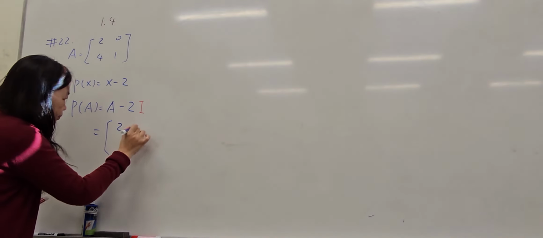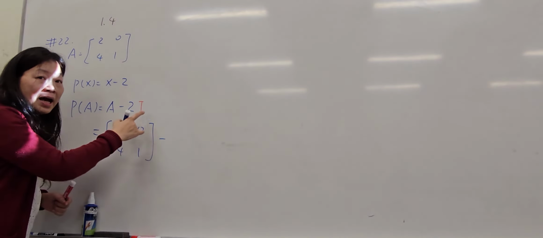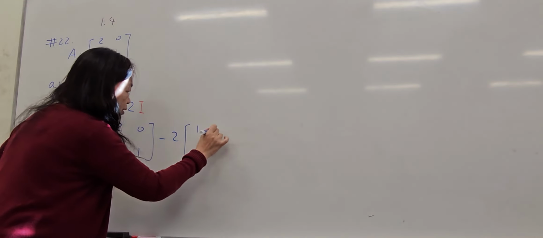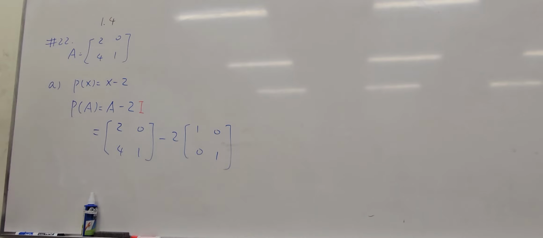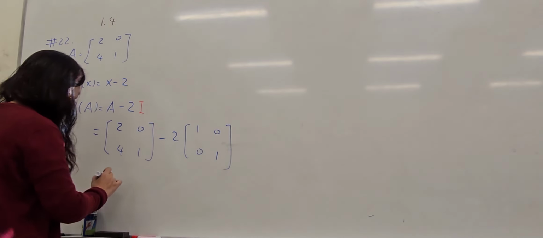[[2, 0], [4, 1]] minus 2 times the I, which will be what? 2 times what? [[1, 0], [0, 1]]. Is that right? Yes? You guys follow me here? And then I put the 2 inside here.